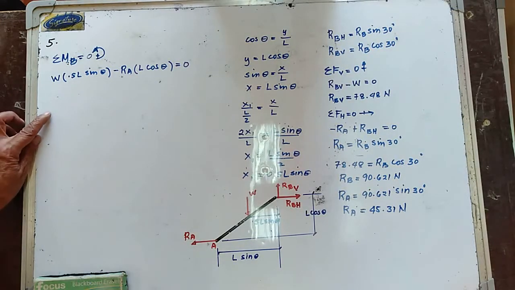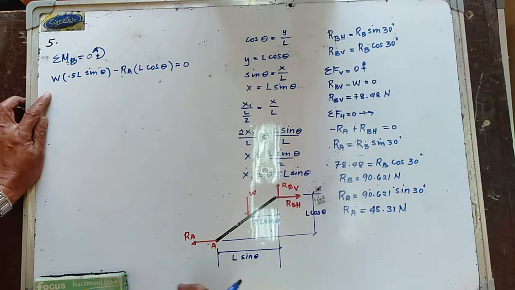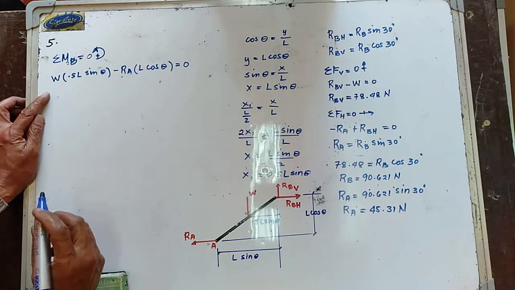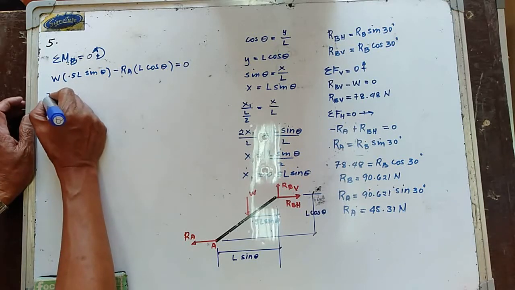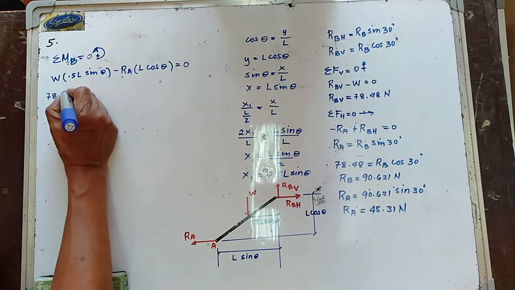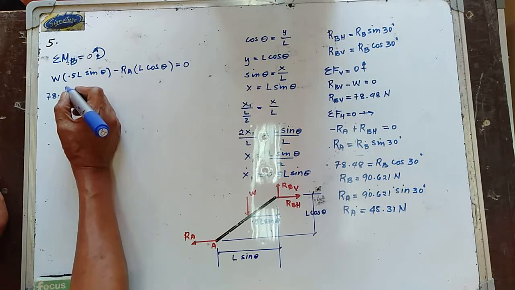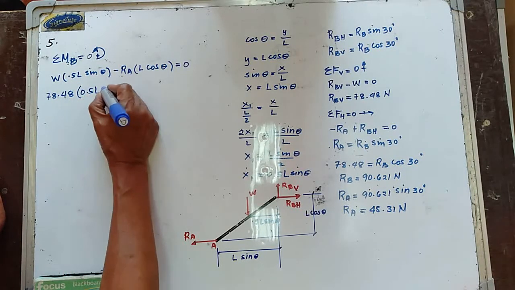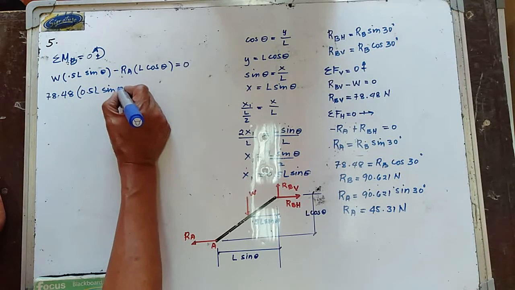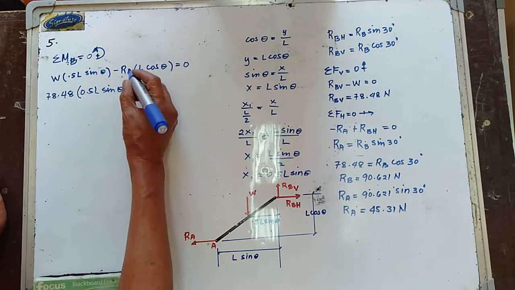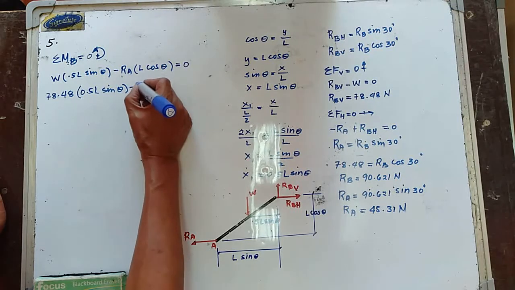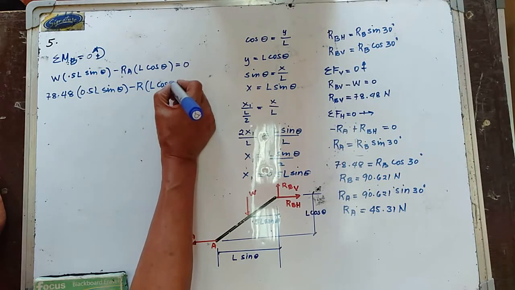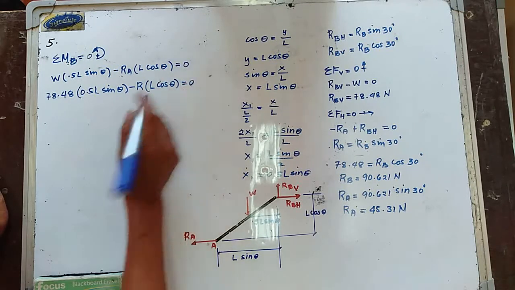The value of W is 78.48 newtons. So we have 0.5 L sine of theta, minus RA L cosine of theta is equal to 0.